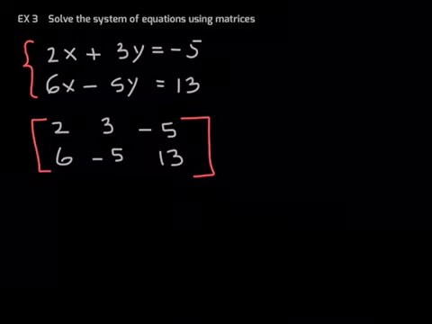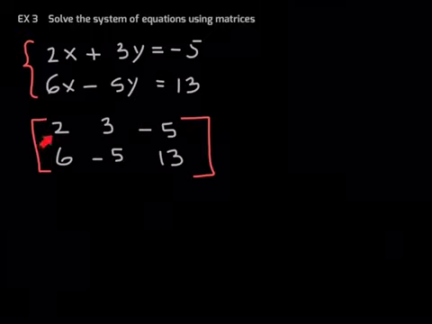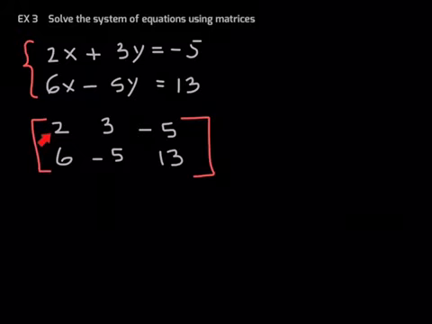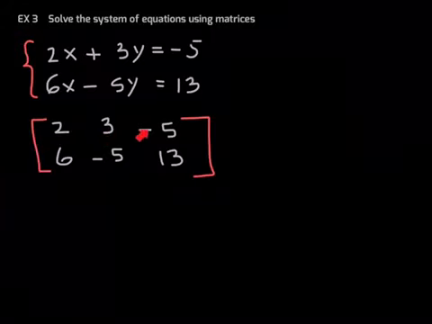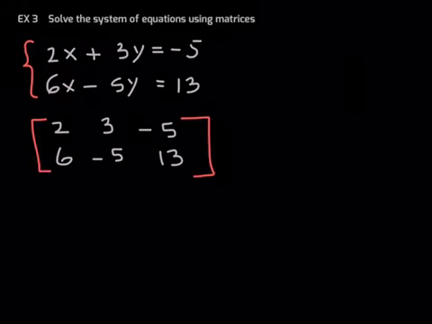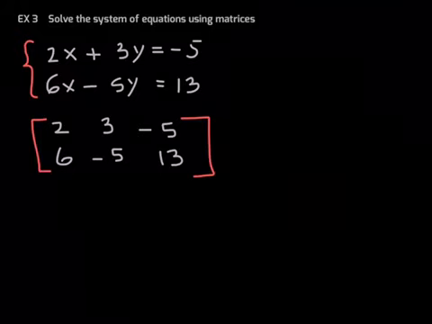Now, for this example, you guys, it's not super easy to get a 1 right here. Keep in mind, I could divide this whole row by 2, and I would get a 1 right here. But although I get my 1 in this entry, I would get 3 halves and negative 5 halves, and I would have to deal with fractions for this entire process.